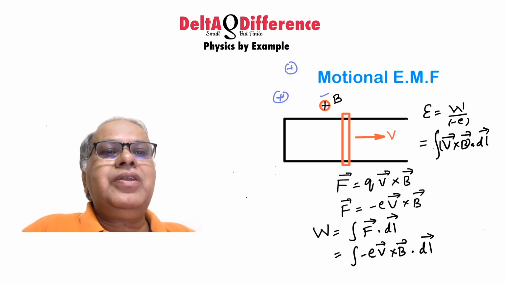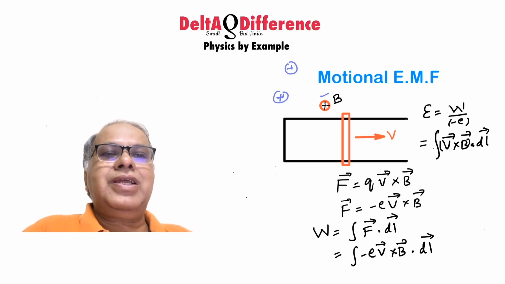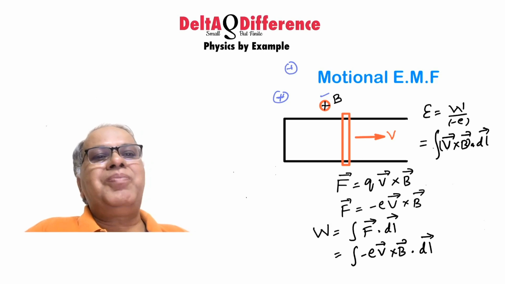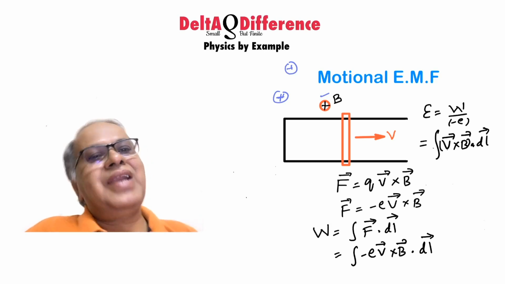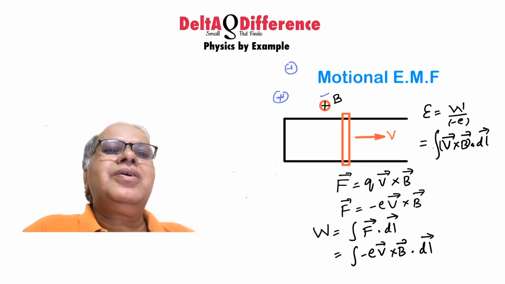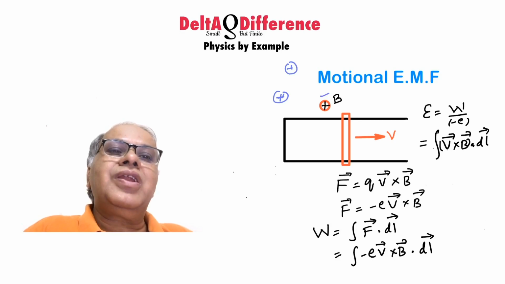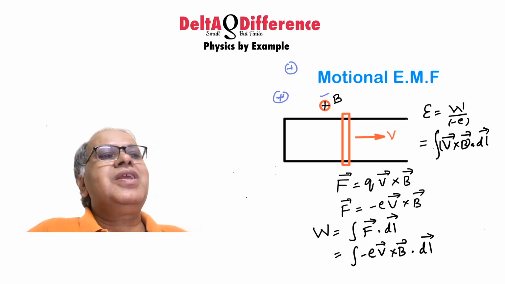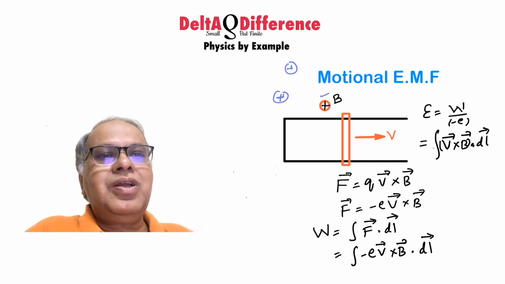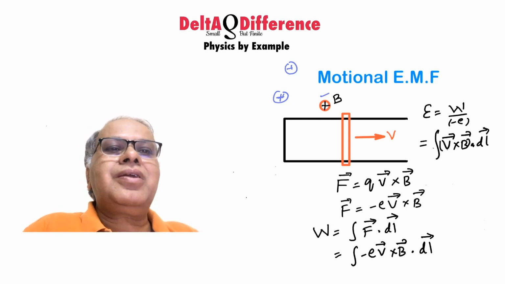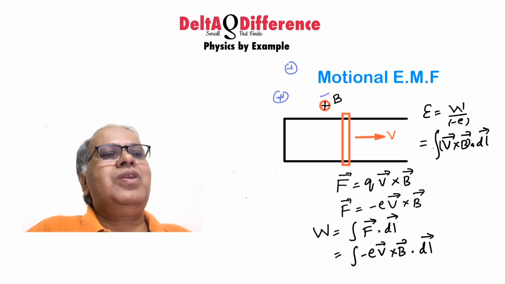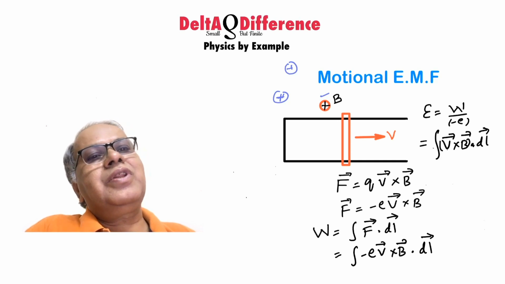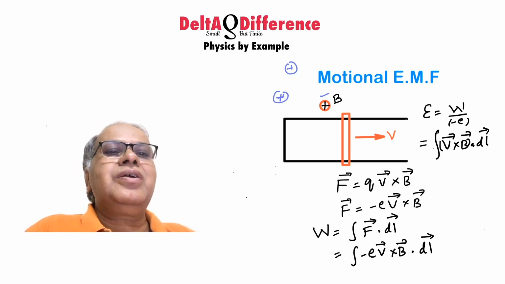So only when this rod cuts through the lines, it can cut slantingly also, but whenever this rod cuts through the field lines, there is an EMF developed between the ends of the rod, and this pi-shaped conductor here is making a connection between the ends of the rod. Therefore, that EMF drives the current in the closed loop.